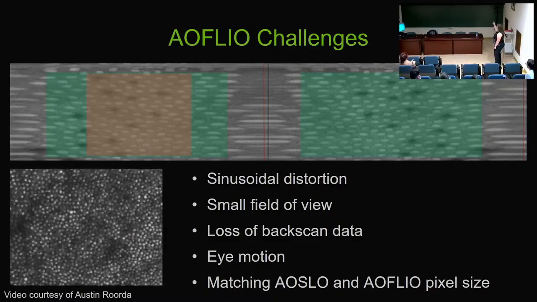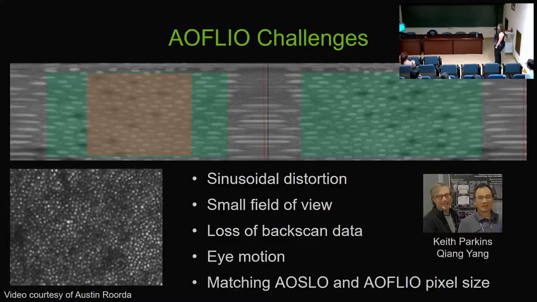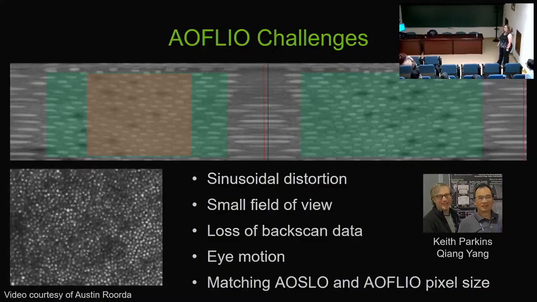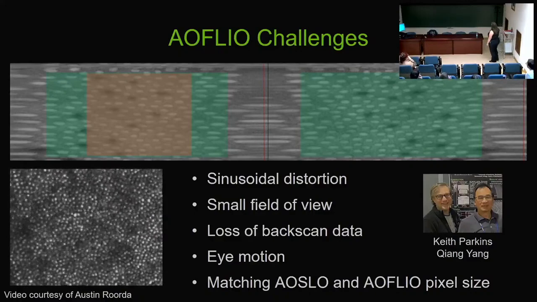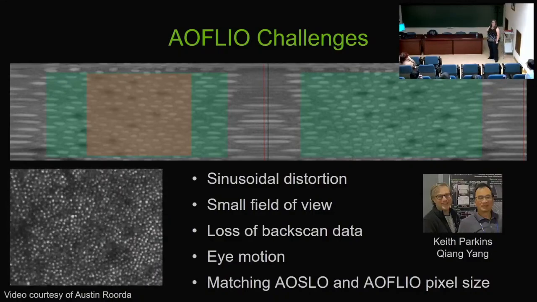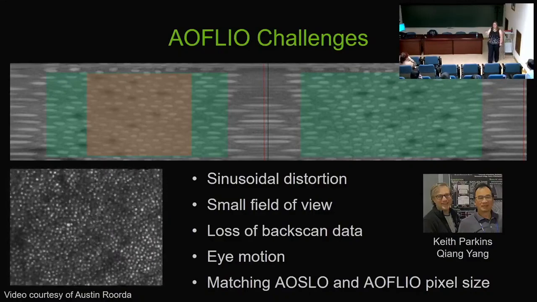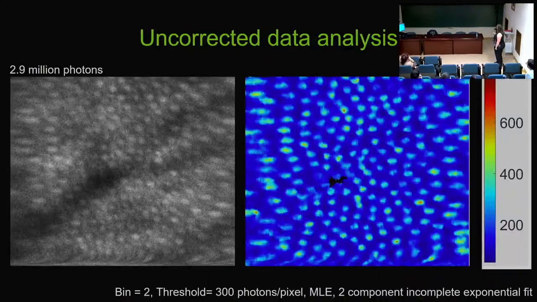We want to correct all of these, and fortunately I was working with a great team of programmers and electronics engineers, Keith Parkins and John Yang, who developed software that we now use in post-processing. This is an example in primate, from an uncorrected image, so this has no optical tracking. We took off the optical tracking. The images I've shown you previously all had optical tracking.